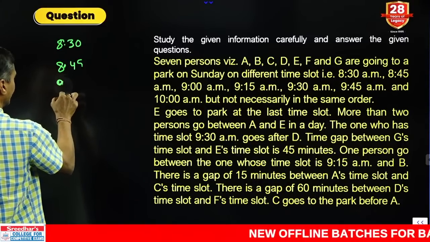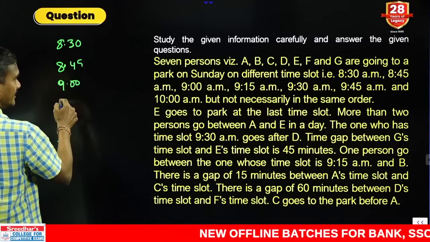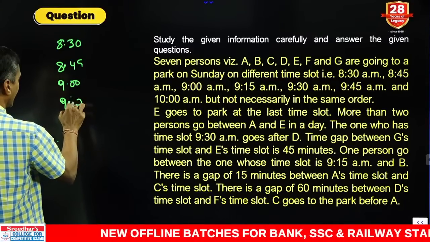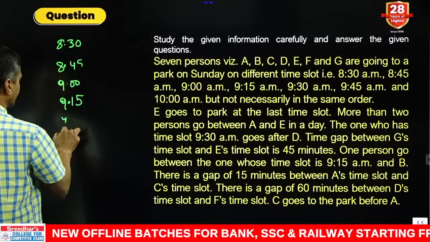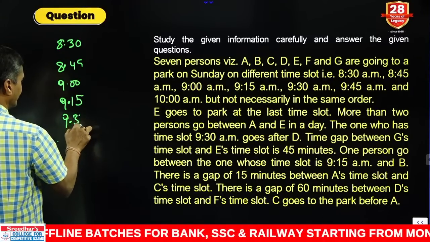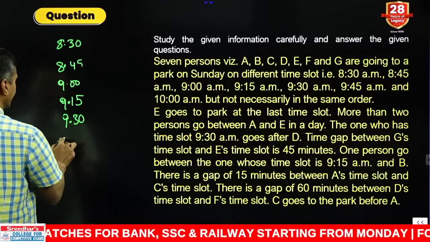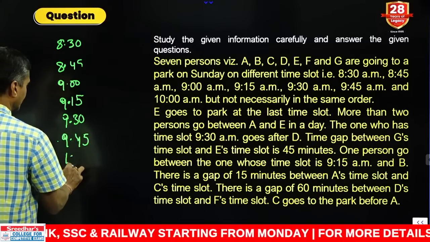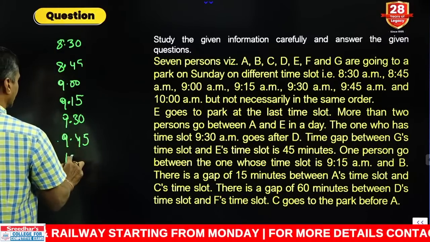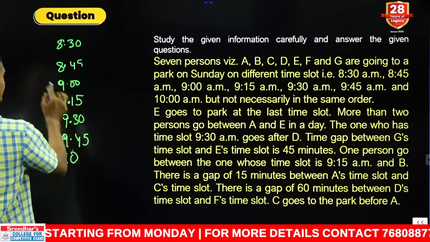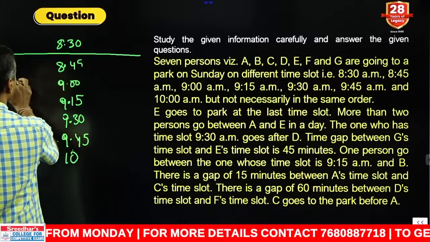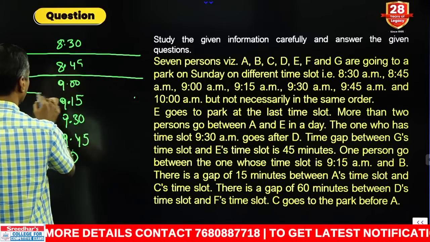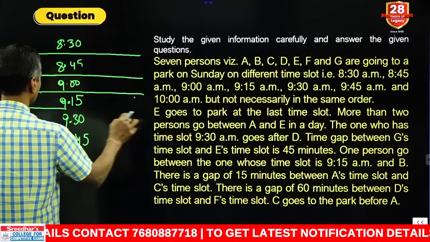And next one is 9 a.m., 9:15, 9:30, 9:45 and 10 o'clock, isn't it? Now these are the time slots we have, and 7 persons attend a park in these different time slots.